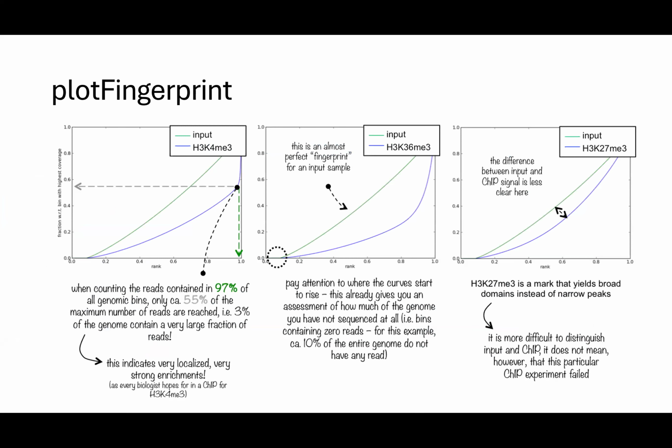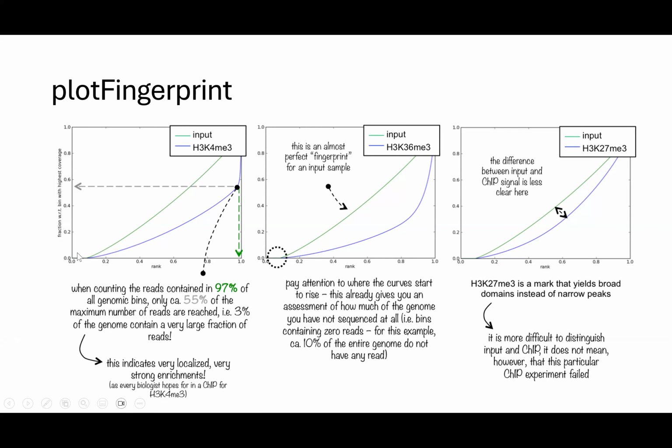The first one, which I think is what Kira was specifically asking about, is called a fingerprint plot. This is useful for ChIP-seq, and I will show how it is somewhat useful for CUT&RUN or CUT&Tag. The idea is you have an input here in green, and you have your histone mark in blue, and you're plotting what proportion of the DNA has what proportion of the reads.